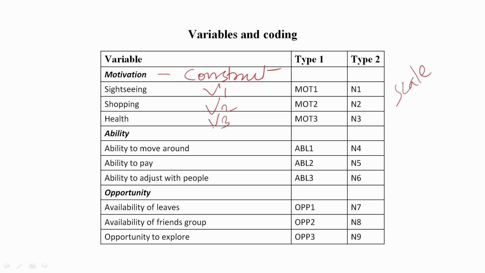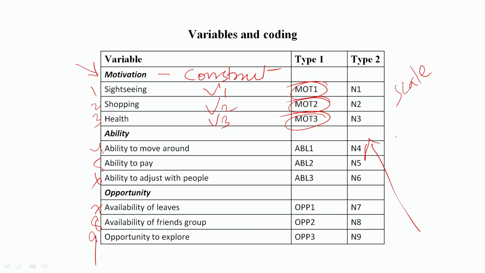So I have given a code: MOT1, MOT2, MOT3. So these all directly fall under motivation. Then I also added another term, total is N, the numbering process, N1, 2, 3, 4, 5, 6, 7, 8, 9, which you find in the last part.